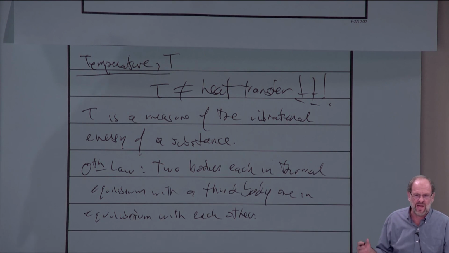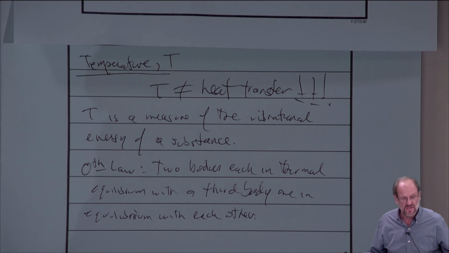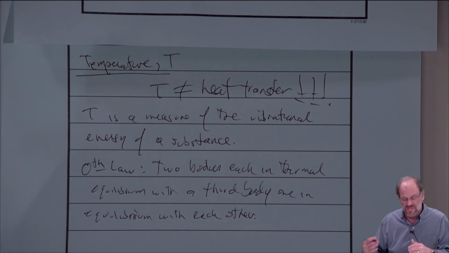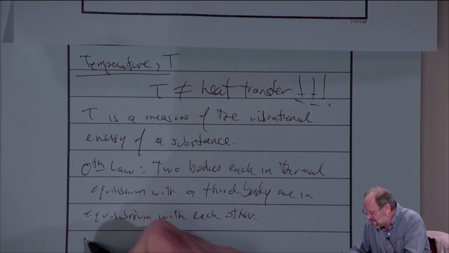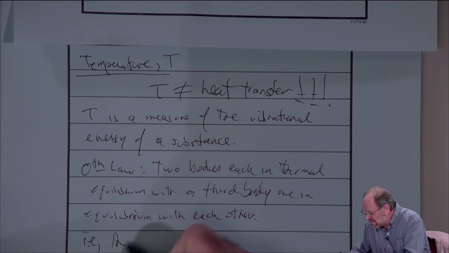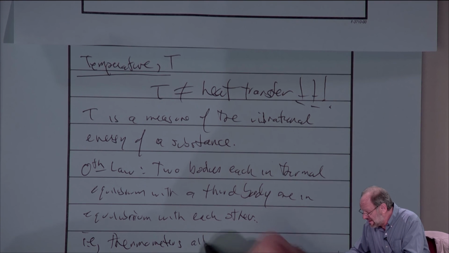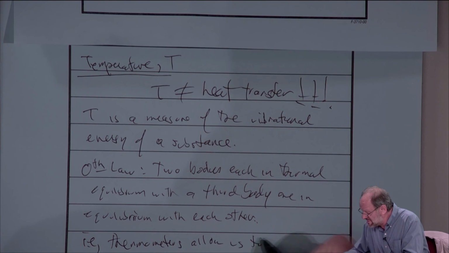But again, in my mind, all it really tells me is the existence of a thermometer, which is that third body. So, in other words, thermometers allow us to find temperature.